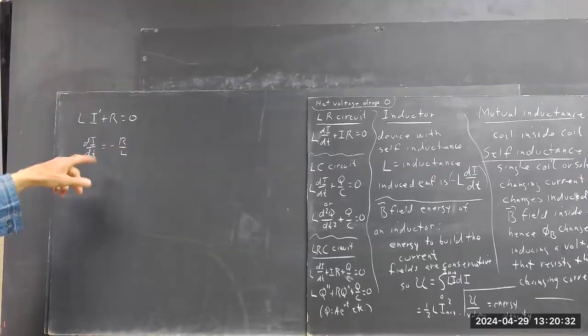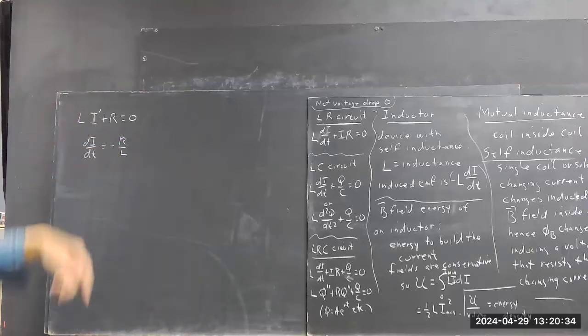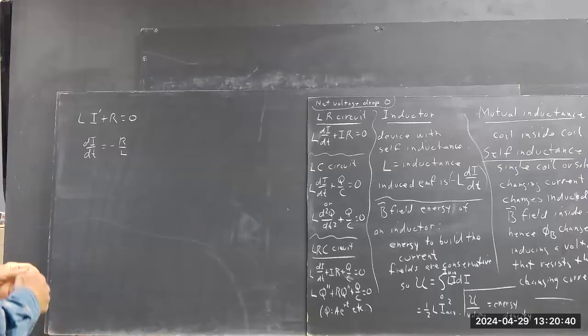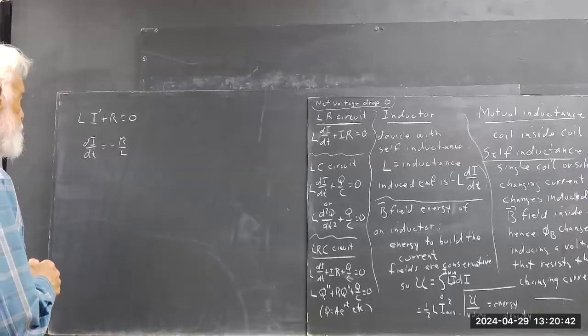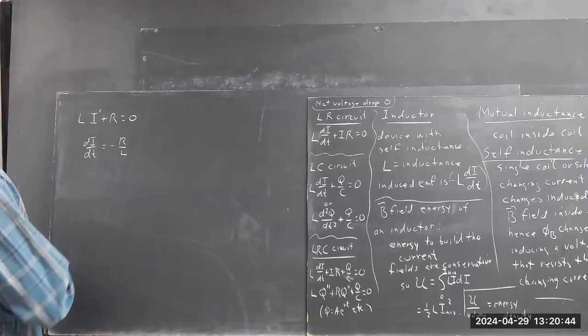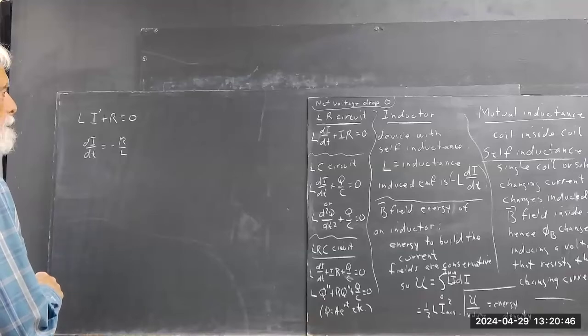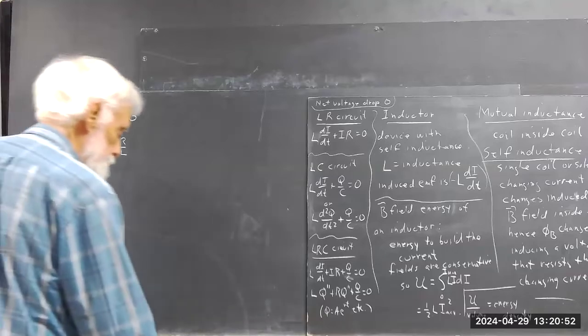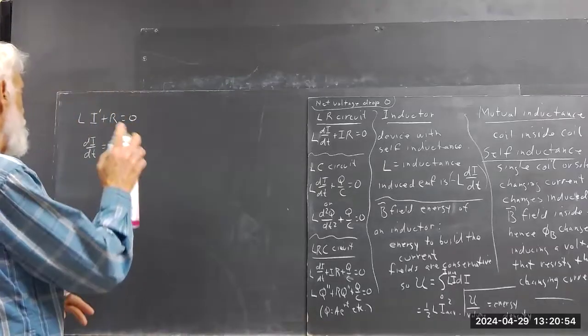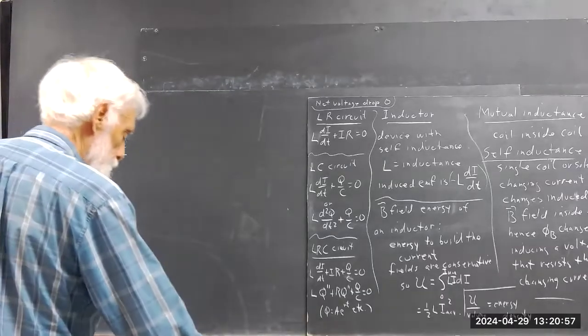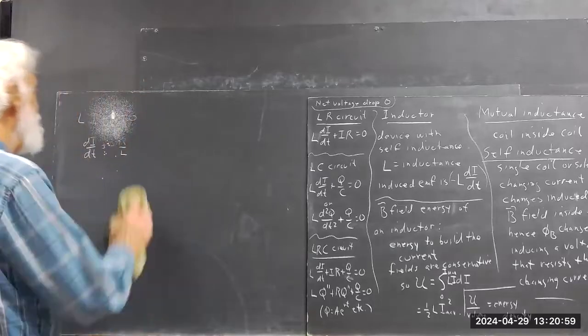This can be rearranged to the form di/dt equals negative R over L. And in this form, what's going to make sense, what's going to have a good solution.